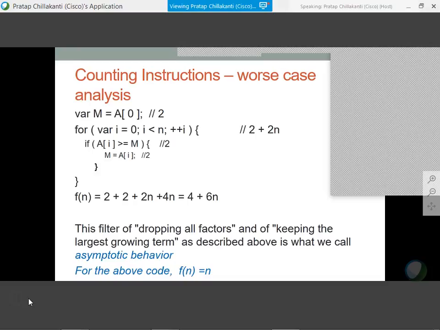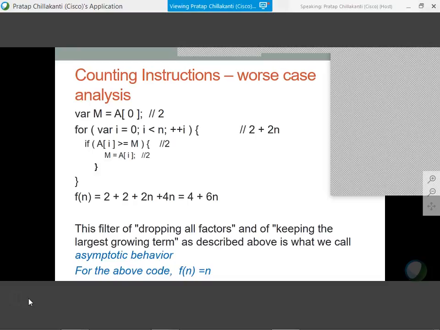Then we said the important takeaway for you is that f(n) is going to be 2 plus 2 plus 2n plus 4n, which is equal to 4 plus 6n. Since we do asymptotic analysis, we drop all the factors and keep the largest growing term.